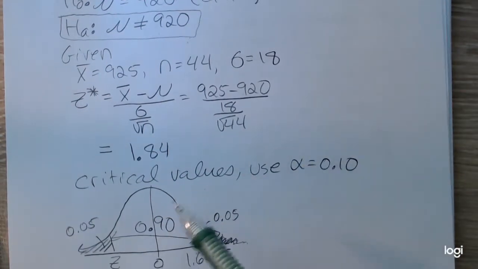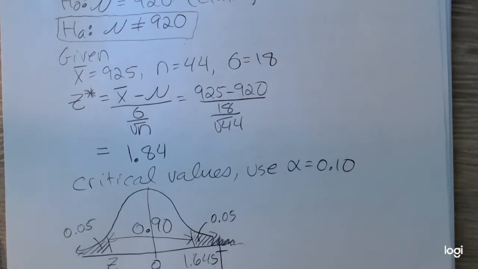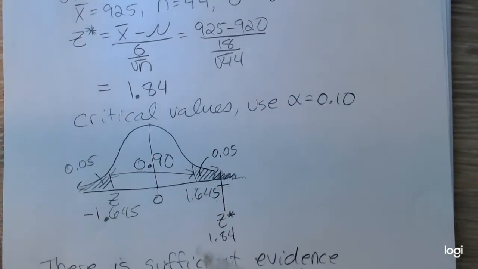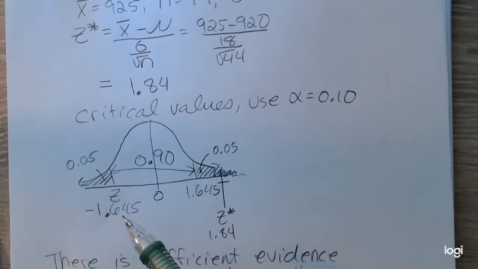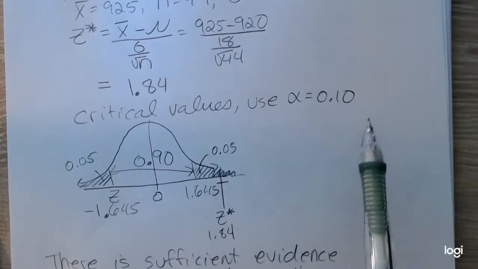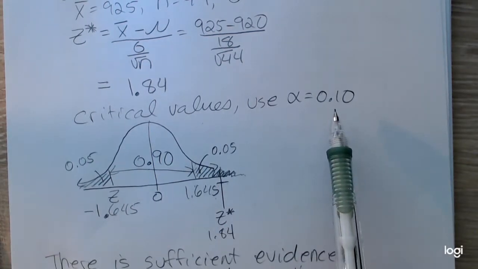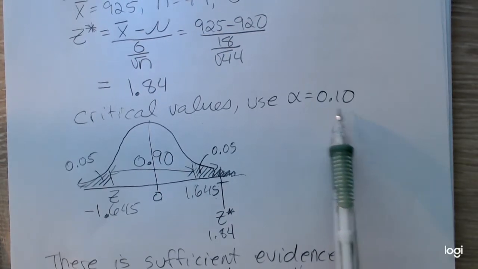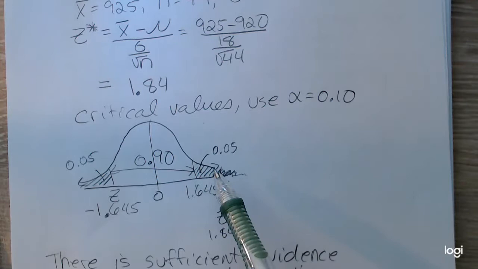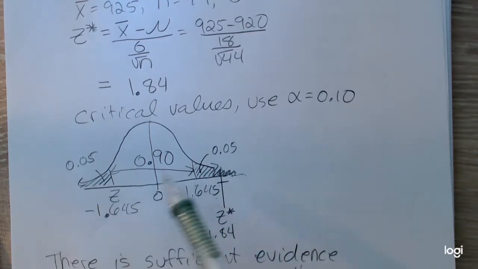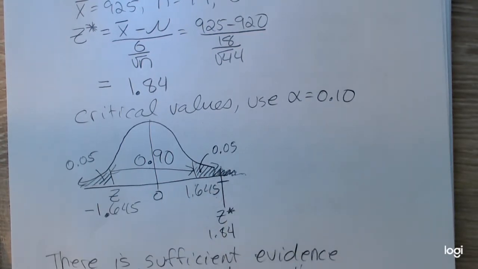So in my previous example, we found the standardized test statistic by hand, and then I also showed you how to get this on the TI-84 and Minitab Express. And then I found the two critical values using our level of significance of 0.1. When we have a two-tailed test, we divide alpha in two and have equal amount of area in our rejection regions.